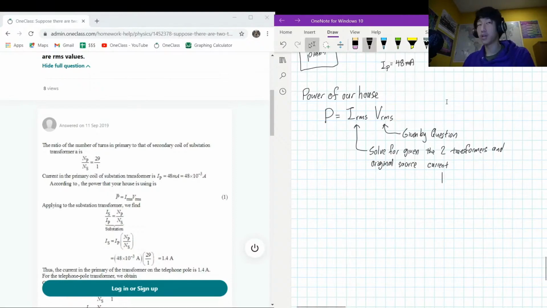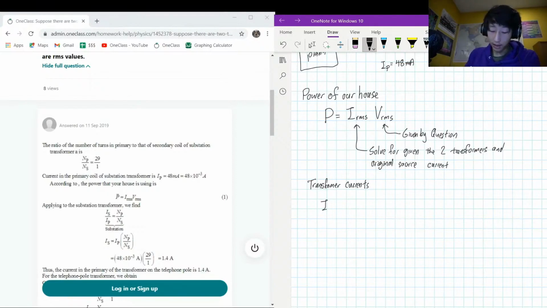Okay, so let's take a look at how currents and transformer turns are related to each other. Transformer currents are related by a fairly simple equation like this.